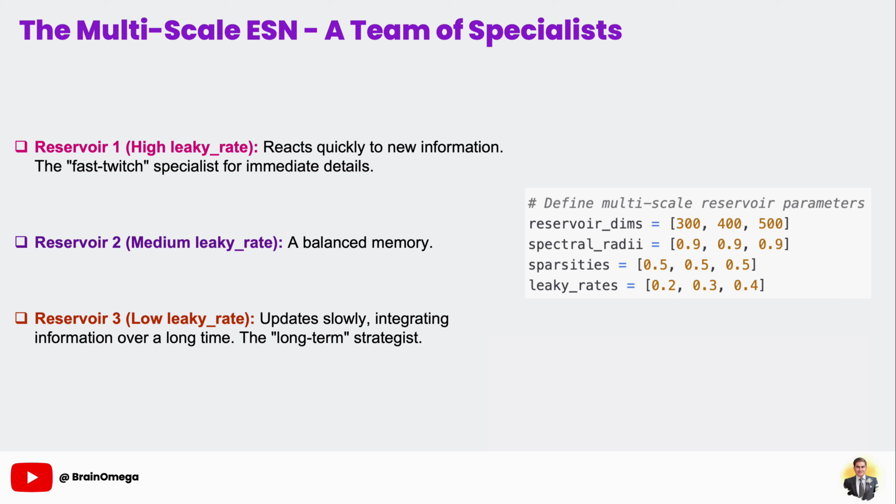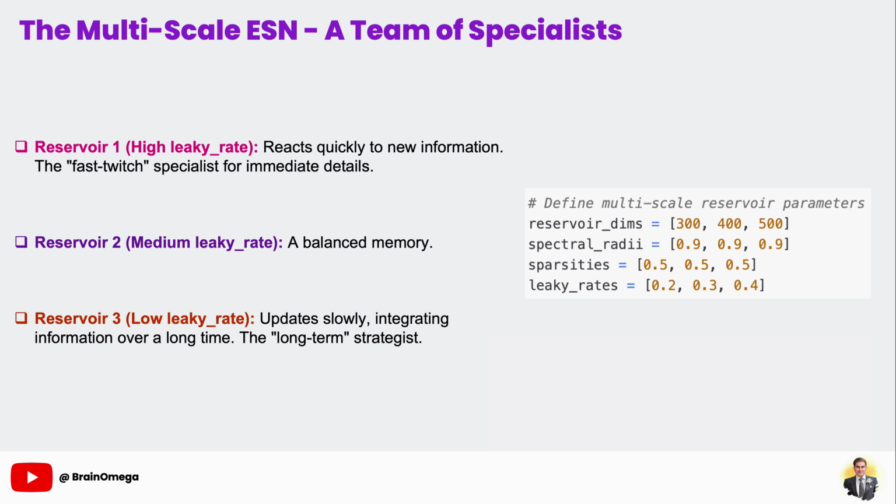Now, for the most important parameter in our multi-scale design, leaky rates. This is how we create our specialists. We're giving each reservoir a different leaky rate, 0.2, 0.3, and 0.4. The reservoir with a high leaky rate of 0.4 will be our short-term memory expert. Its internal state will be heavily influenced by the most recent input, making it highly reactive and great at capturing fast-changing details.